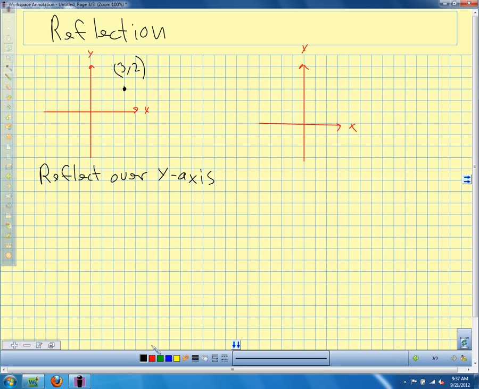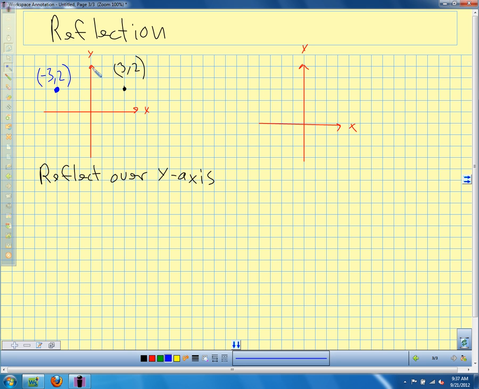So to reflect this point, I move straight towards the y-axis, and remember that in a reflection the segment between our points makes a 90-degree angle with the mirror line, and it gets cut in half by the mirror line. So I'm going to move over 1, 2, 3, and then 1, 2, 3 more. And I'll label this point. We're at -3, 2.